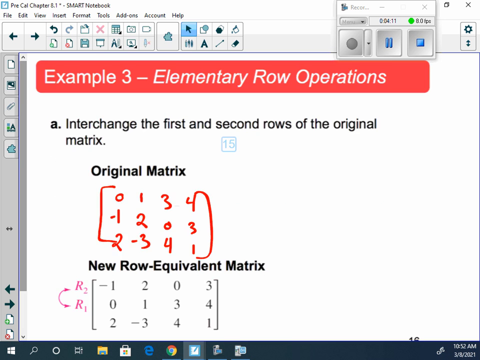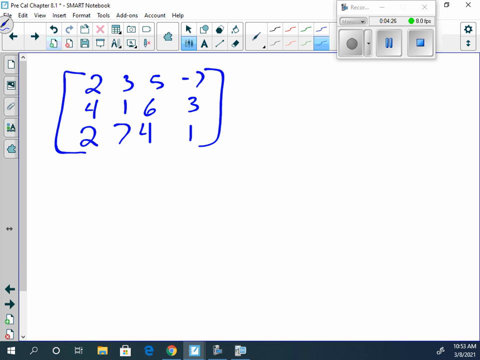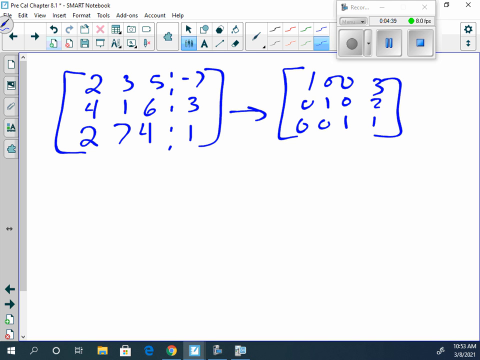Now what we're really wanting to do is take a matrix like this, and what we want to get in the end, and these obviously aren't the answers. If they were, that'd be a miracle.